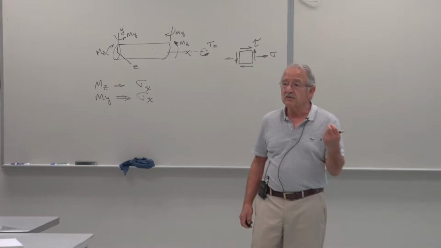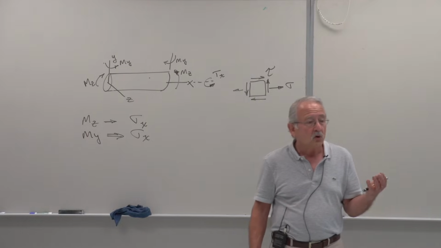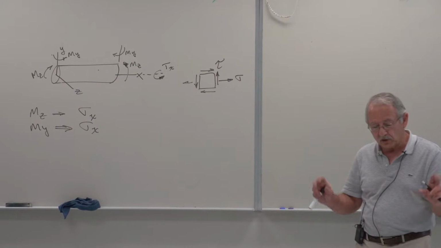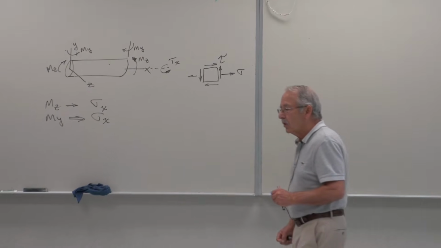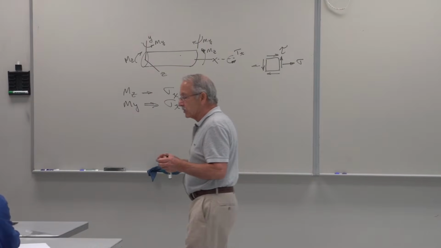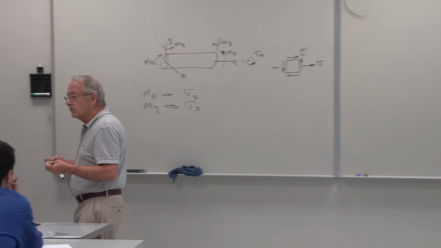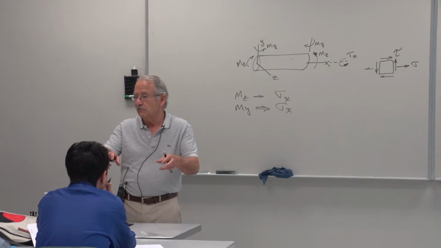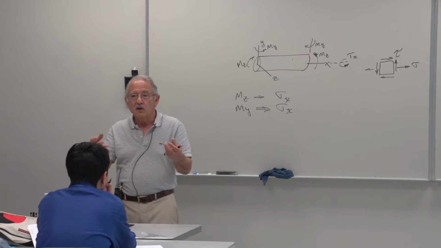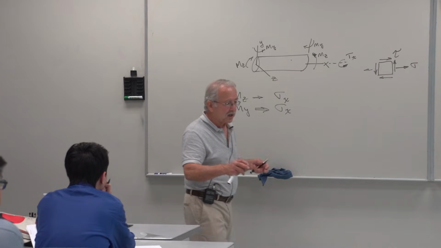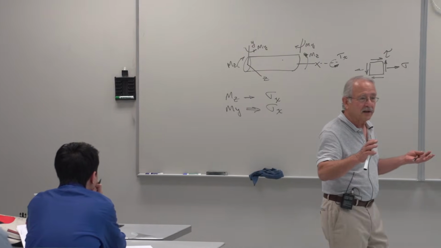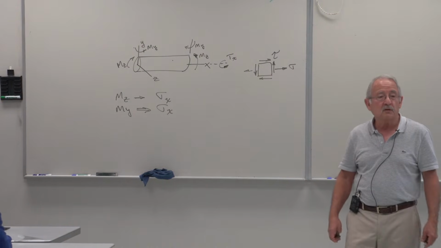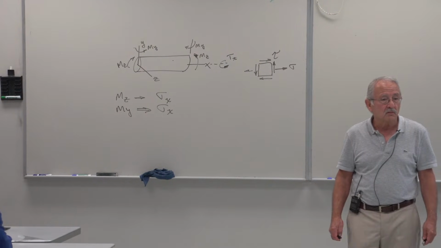If something is going wrong, or if the shaft is overloaded, and I'm not talking fatigue now because fatigue creates a brittle failure, but insofar as static loading is concerned, it will either deflect so much that it can't do its function, or the slope will be such that the bearings will be misaligned and it starts to make noise, and you figure out there's something wrong, you go fix it.